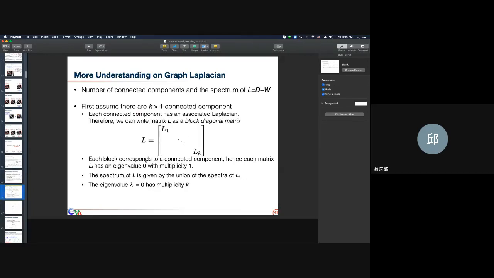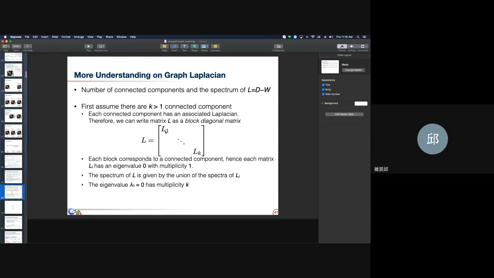But anyway, for this L1 block, the eigenvector corresponding to its eigenvalue will basically be the one vector related to all the elements in the first connected component.